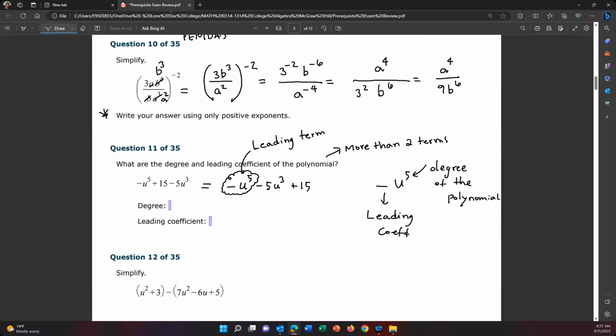So the degree is the highest power, which in this case is the number 5. What is the leading coefficient? In this particular example, the leading coefficient is -1. It could have been 4, it could have been 5, it could have been -2/3, but in this example it is the coefficient of the leading term, and happens to be -1.